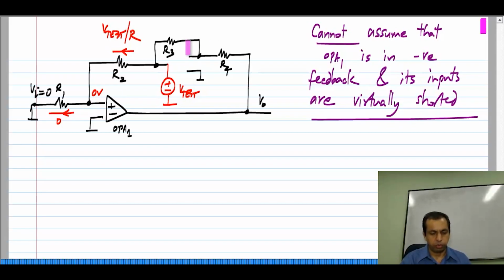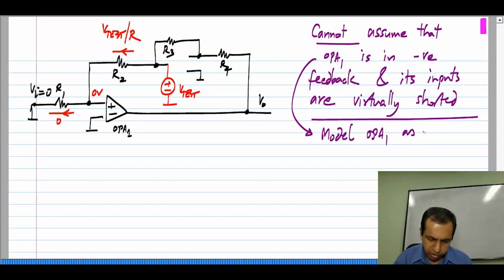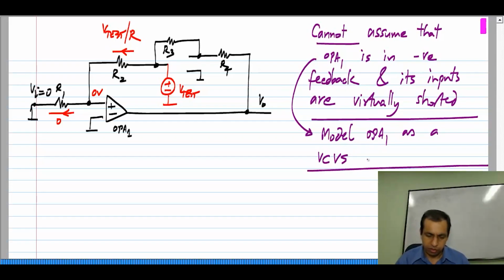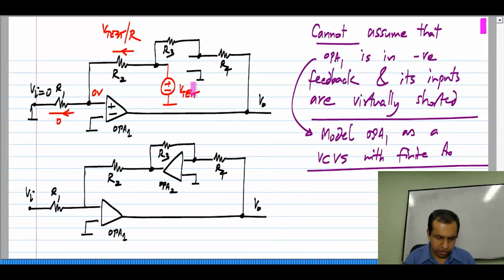But when OPA 2 has been removed and you replace that with V test, you cannot make this assumption anymore. So, in that case, you have to model OPA 1 as a voltage controlled voltage source, okay, with finite gain. So, let us do that instead.